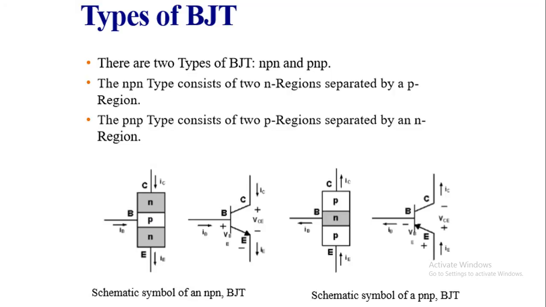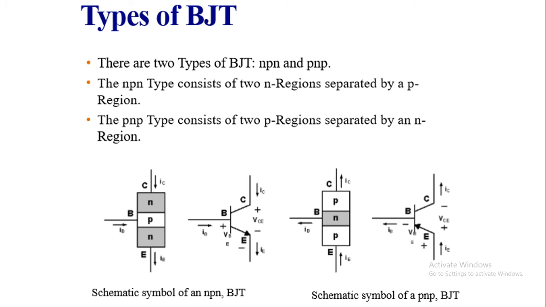Okay. Types of BJT. There are two types of BJT: NPN and PNP. N for negative, P for positive: negative, positive, negative. PNP is positive, negative, positive. The NPN type consists of two N regions separated by a P region, and so on with the PNP.